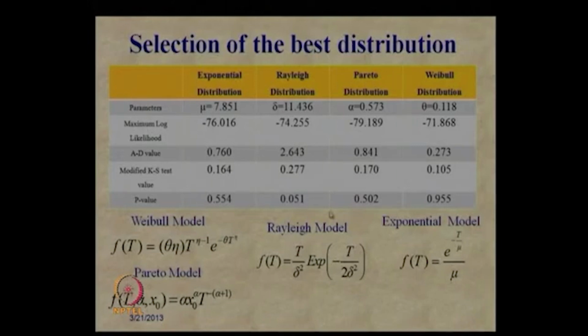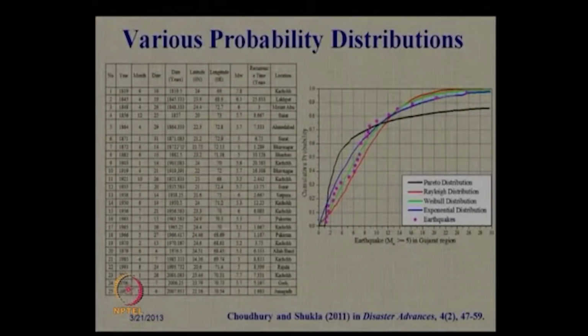Now, next we need to see among these 4 seismicity models which one is the best for this given set of earthquake data. Let us go back once again to this data set. When we were calculating the values, you can see over here the cumulative probability of their occurrence with magnitude of more than or equal to 5, we have plotted over here.